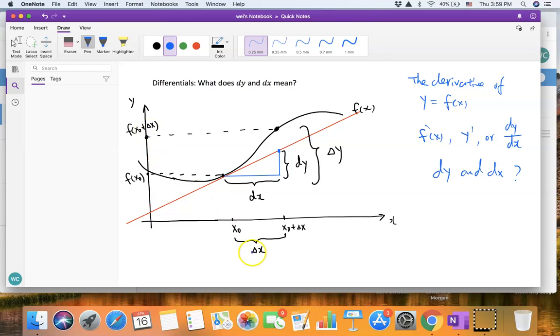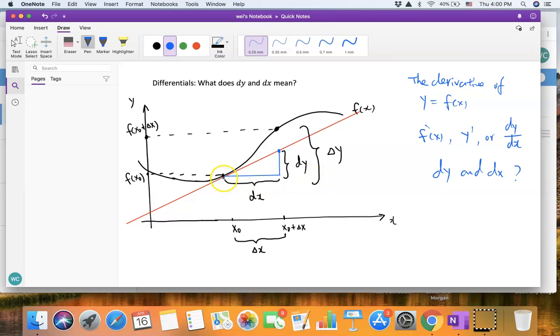So the delta x is the difference between these two x values. And the difference between the two function values, between the two y values, we use delta y to represent. So delta x is the amount of change of the x values, and delta y is the amount of change of the y values.